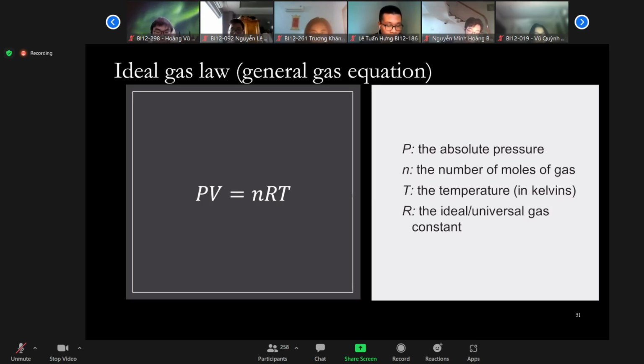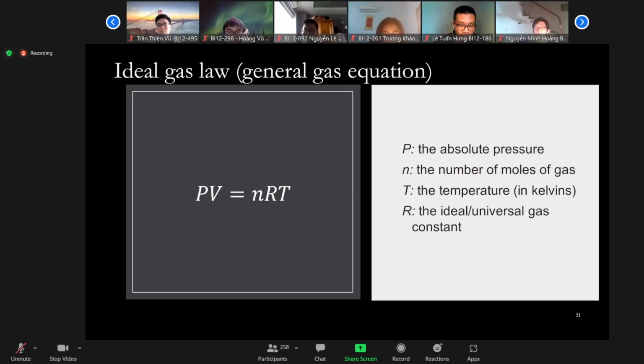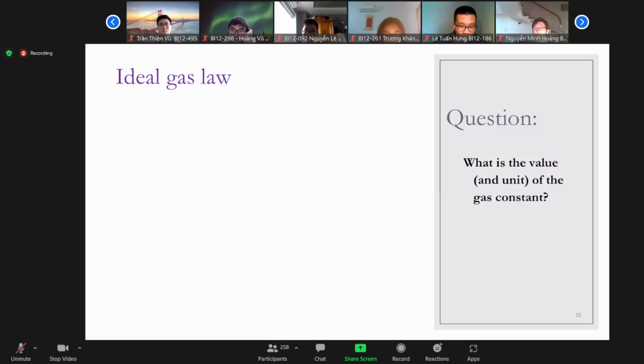Professor, can I ask what units do we use to calculate the absolute pressure? I will tell you in the next slide. Okay. Because it relates to this question, the units of the gas constant. Remember last time when I talked about the dimension?